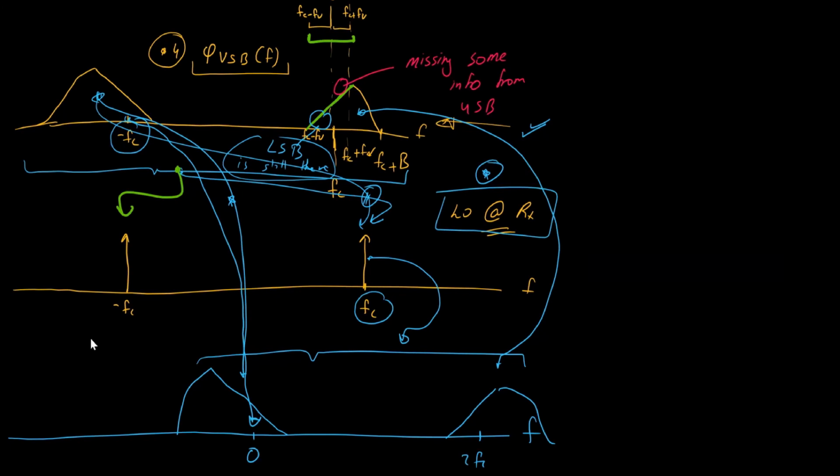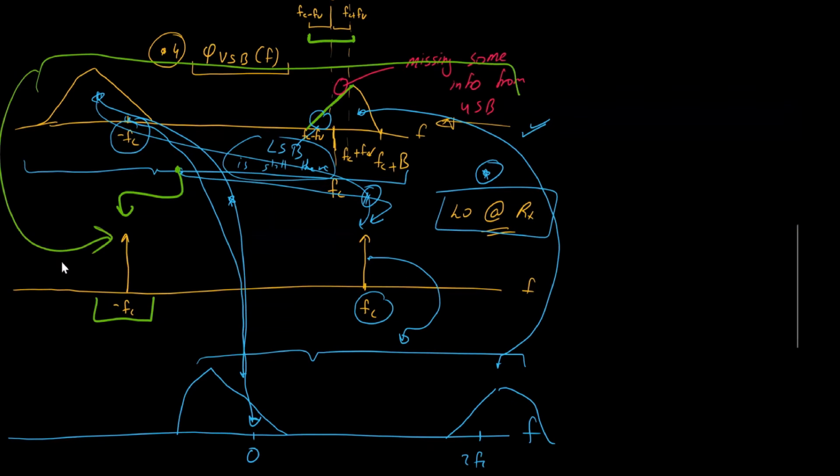Now the second one, again these two would convolve with the impulse at minus FC. If they convolve with the impulse at minus FC, this was FC, and it would add with this FC, so it will become 0.